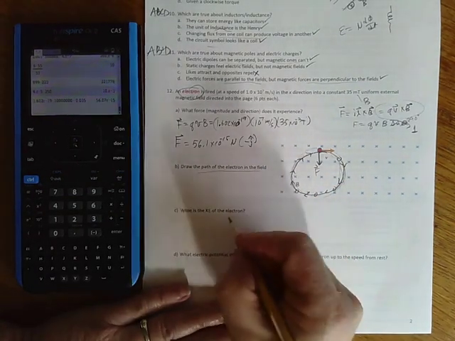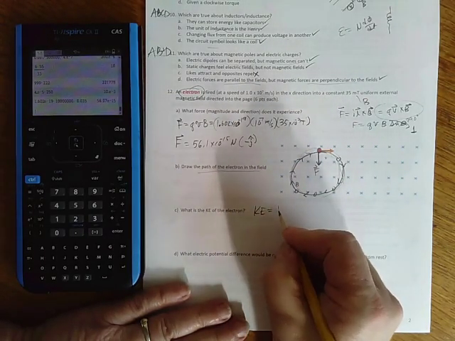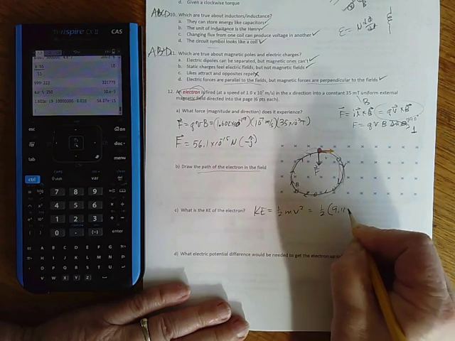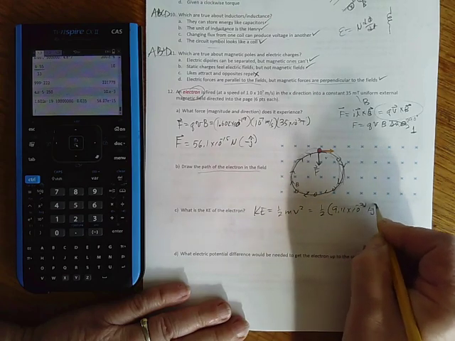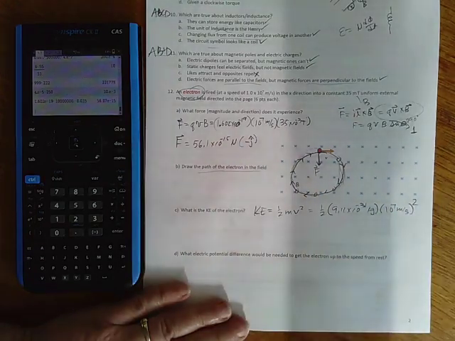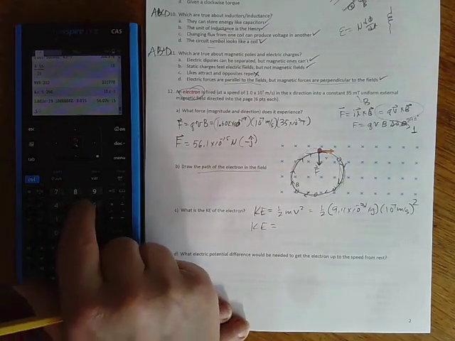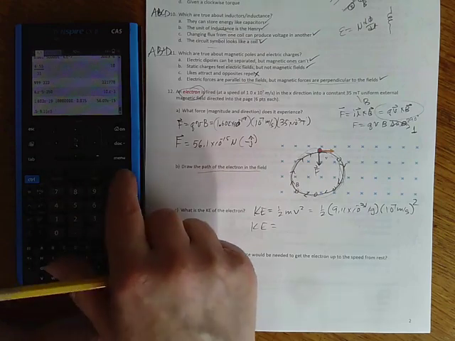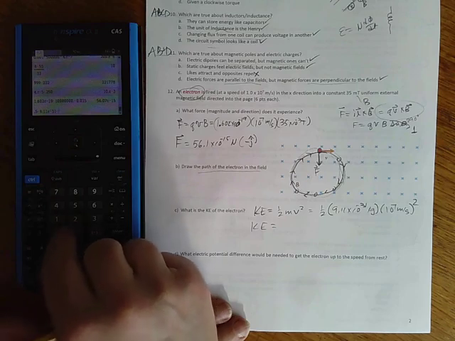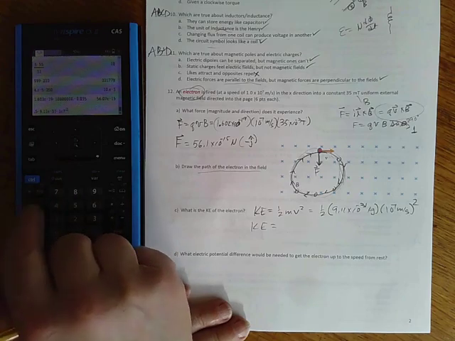All right, what is the kinetic energy of the electron? KE is 1/2 mv squared, 1/2 times the mass of an electron, 9.11 times 10 to the negative 31 kilograms. Velocity is 10 to the 7th meters per second. So we plug that in: half times m times v, which is 1e7, squared.